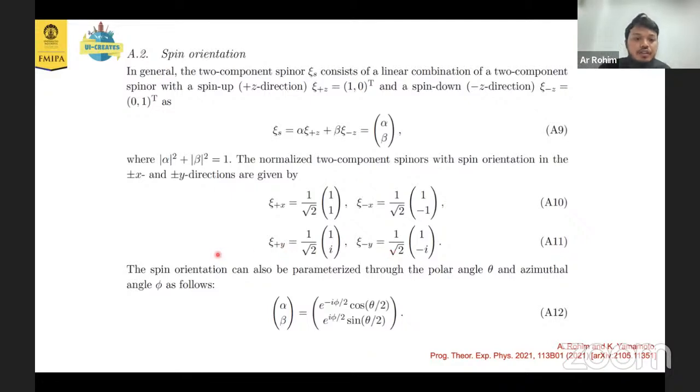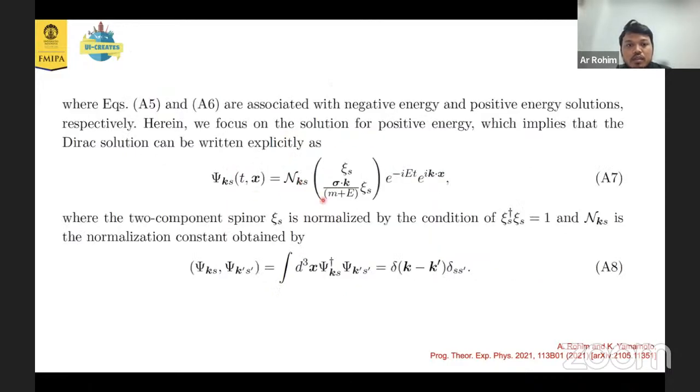And then in general, the spin orientations can also be parameterized using the polar angle theta and azimuthal angle phi, as written in this context. So if you have the values of phi and theta, you can define the spin orientations, and then these conditions will determine the solution for the Dirac equations.